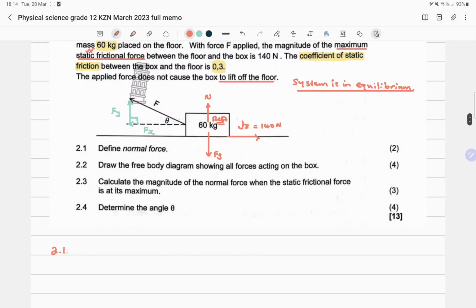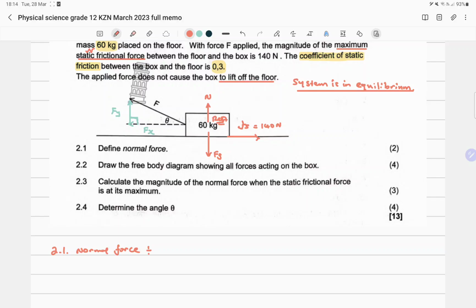So 2.1, we're told to define the normal force. How do you define normal force, you guys? You must be telling me things, okay? I want to know, what is the normal force?